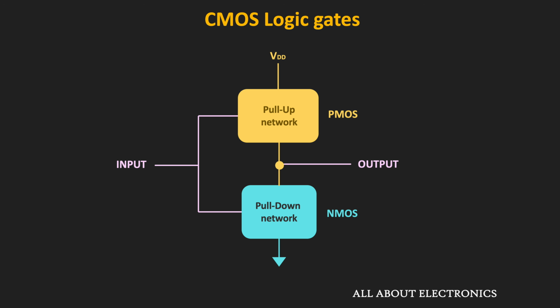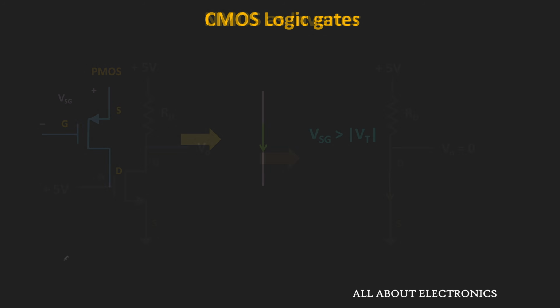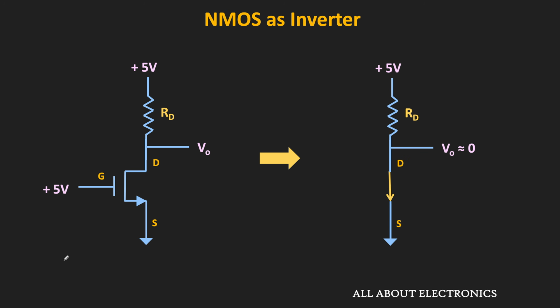Just using either NMOS or the PMOS transistor also, it is possible to design the logic gates. For example, this is the basic design of the NMOS inverter. When the voltage between the gate to source terminal is more than the threshold voltage, let's say 5 volt or the logic 1, then this MOSFET will act as a closed switch. And in this way, the output will get connected to the ground terminal.